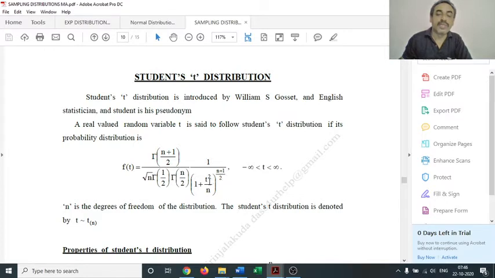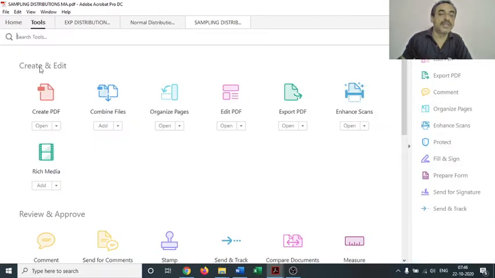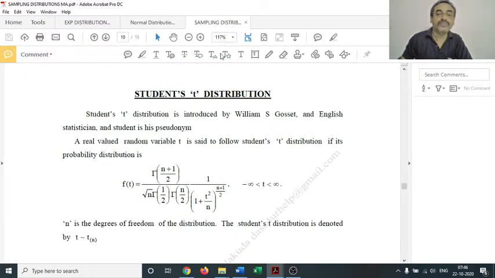Next, when we write t as 0 minus t, 0 minus t square is again t square, which means that f of 0 plus t is equal to f of 0 minus t. We can note that f of 0 plus t is equal to f of 0 minus t, which means that the function is symmetric about 0.